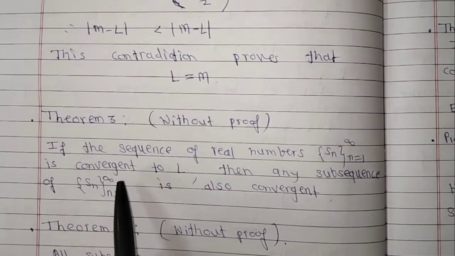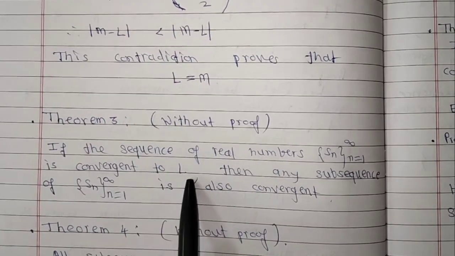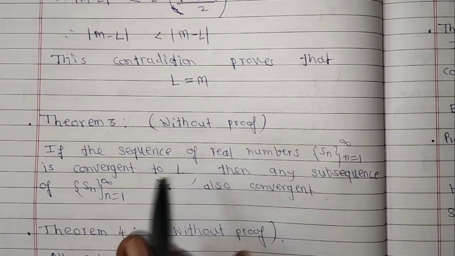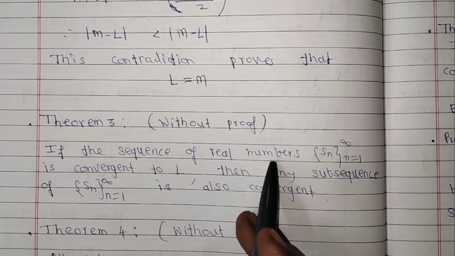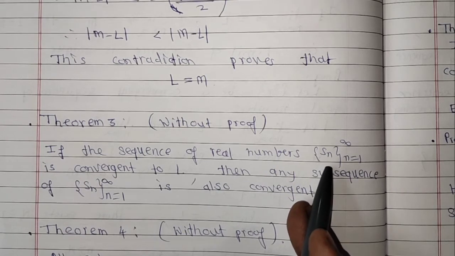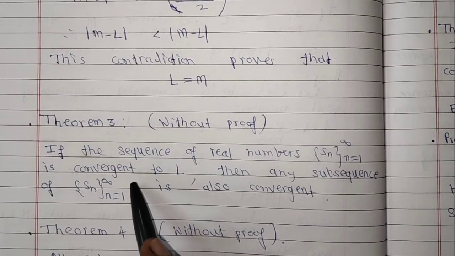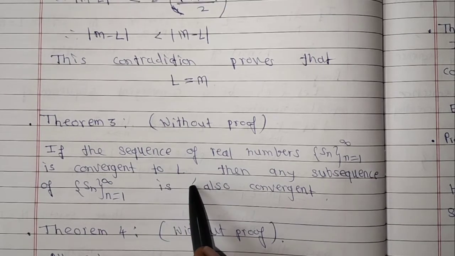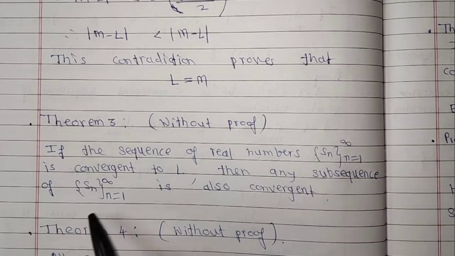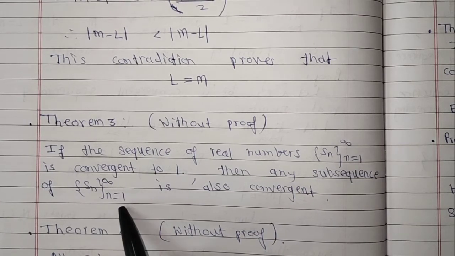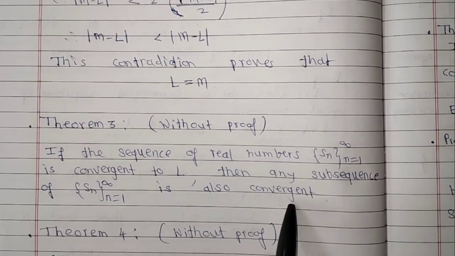Theorem 3 is without proof. The statement of this theorem is: if the sequence of real numbers Sn, n going from 1 to infinity, is convergent to L, then any subsequence of this sequence Sn is also convergent.